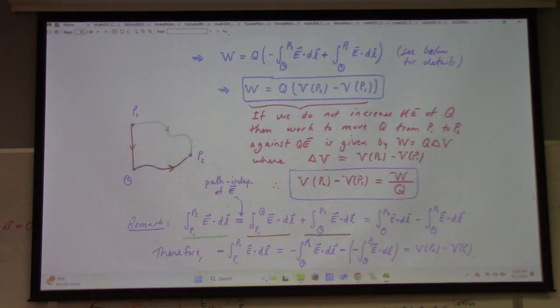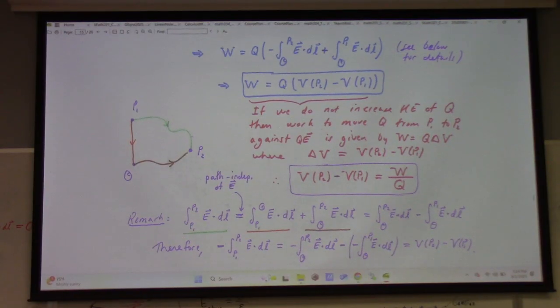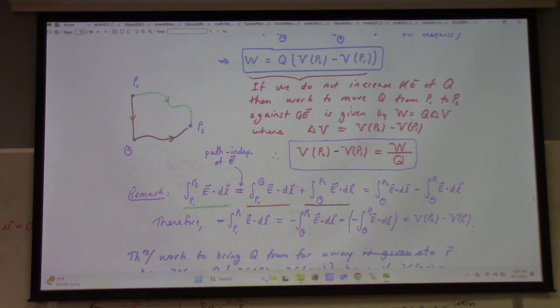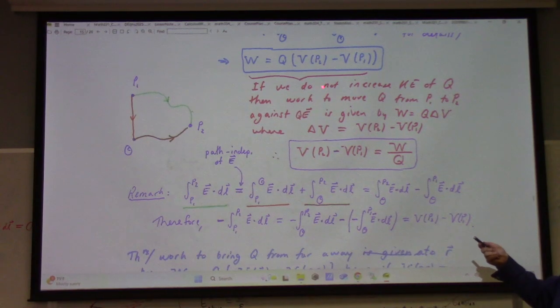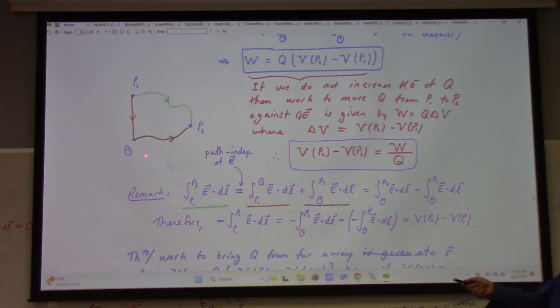And by the way, why is this so? Because if we go to the origin, I start out from P1 to P2, I go P1 to the origin, and then from the origin to P2.